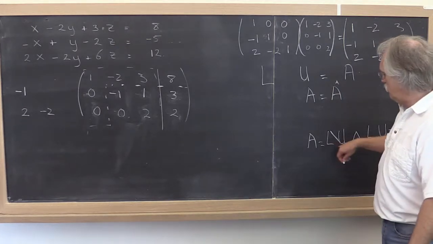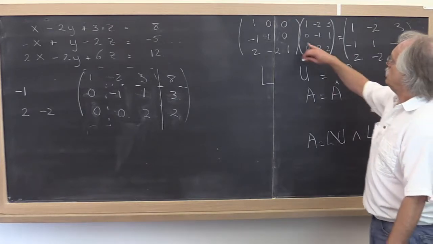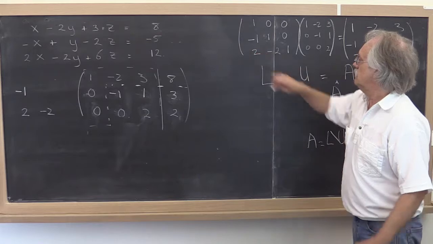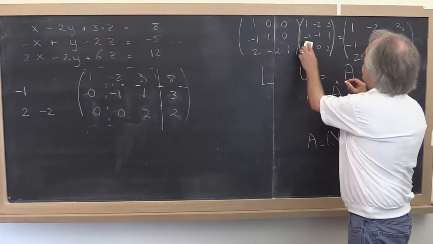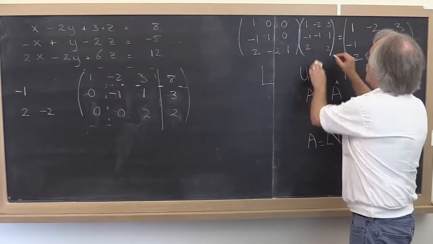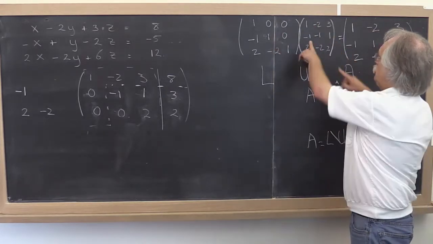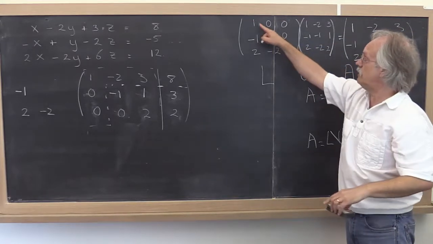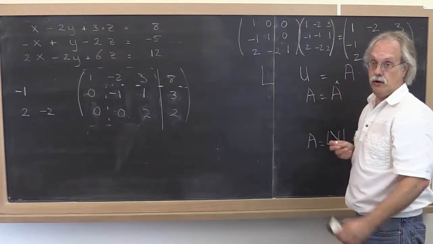Now, what do we mean by this particular notation here? Well, notice that you could take these entries here and put them right there, and in effect store L and U both in the same matrix by virtue of the fact that you know that the diagonal elements of L are 1, and therefore you don't need to store them.